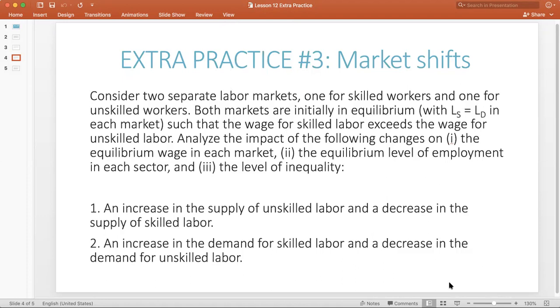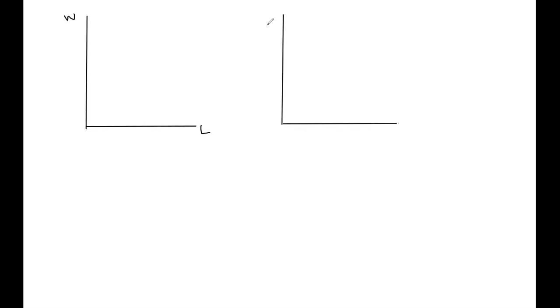So moving back to my whiteboard, it said there were 2 labor markets, so that means there are 2 different graphs. I'm going to draw those out. We can label it wage and labor.